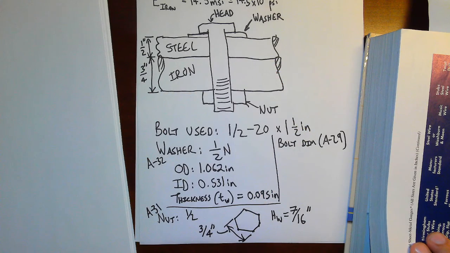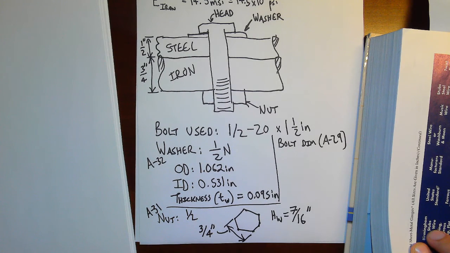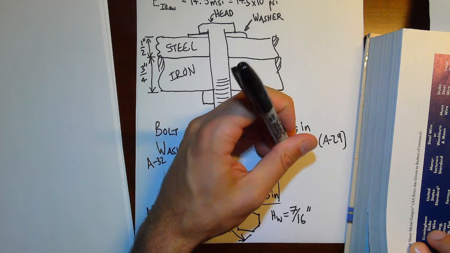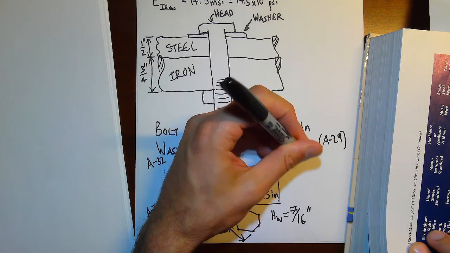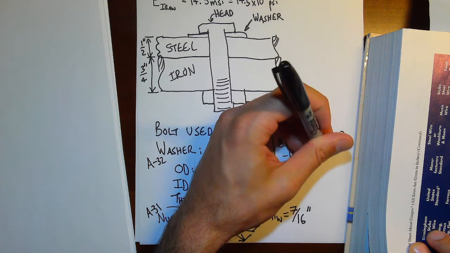So for a 1/2 inch bolt, a regular hexagonal bolt has a width of 3/4 inch, same as the nut, conveniently.